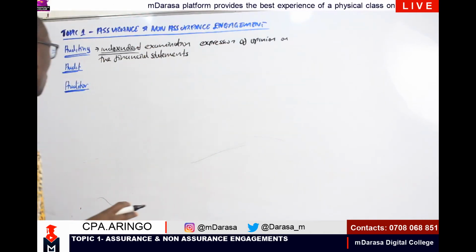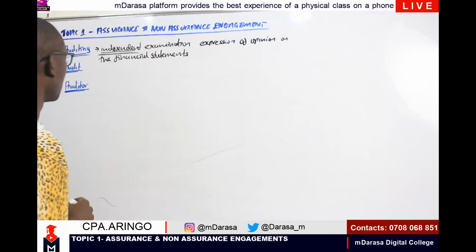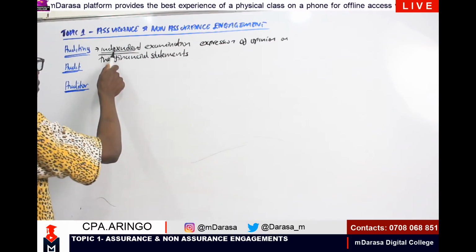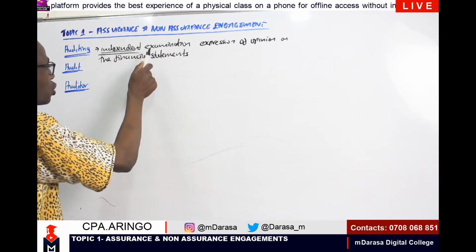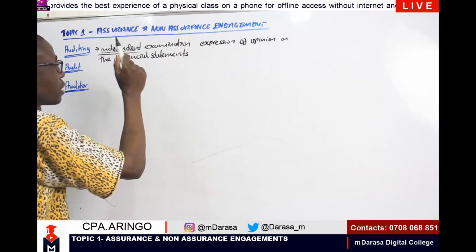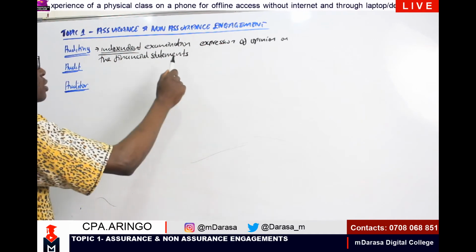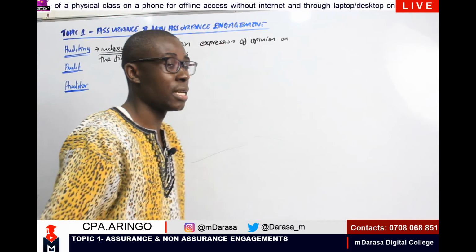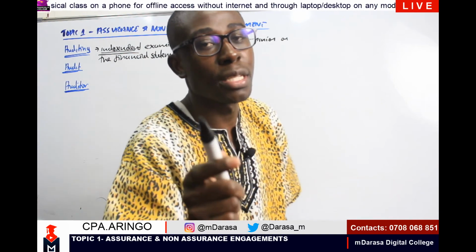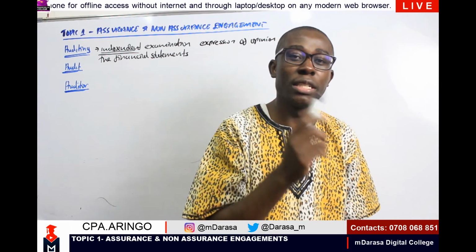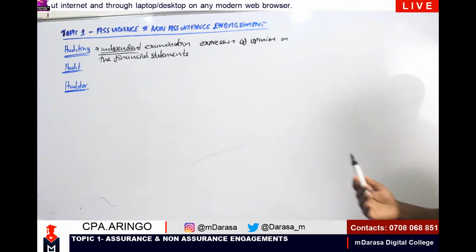So, what we can pluck from here is that I'm looking at it as an independent examination of and an expression of an opinion on the financial statements of an enterprise in pursuance to his appointment. That is what an audit is. That process is an examination, an independent examination.